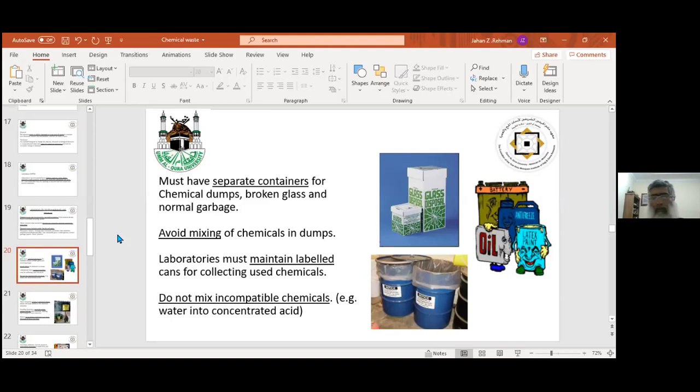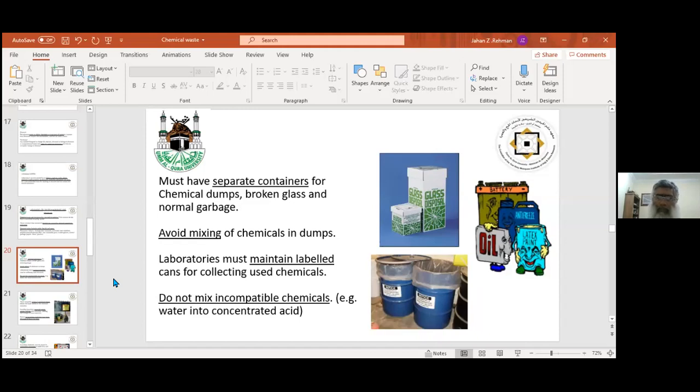You have to put a new label, because the old label said that this liquid is sulfuric acid, but you know that you put methanol in it. So you have to put a proper label on every container, either for solid or liquid. Otherwise, they will mix it and it will again be a big problem.